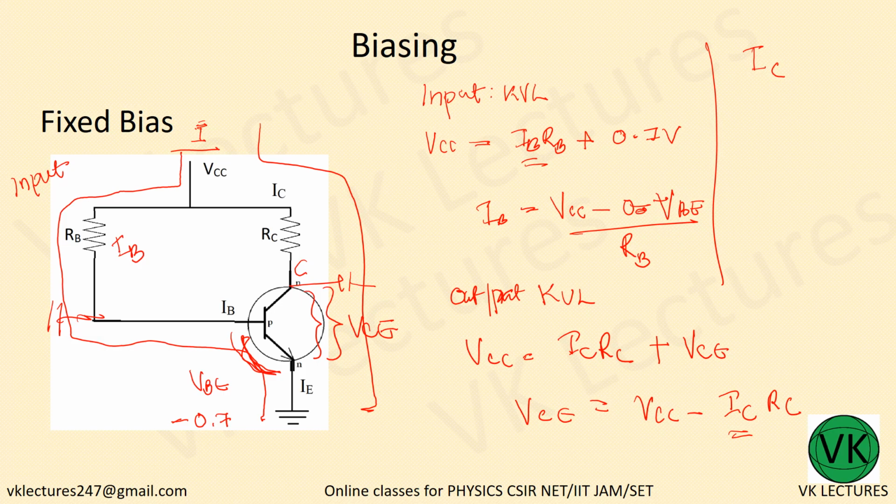So from common emitter configuration, you know IC is equal to beta times IB. This value you can substitute here because you already know what is IB. Beta of the transistor will be given. Then you get IC and you can find out VCE. VCE equal to VCC minus ICRC.